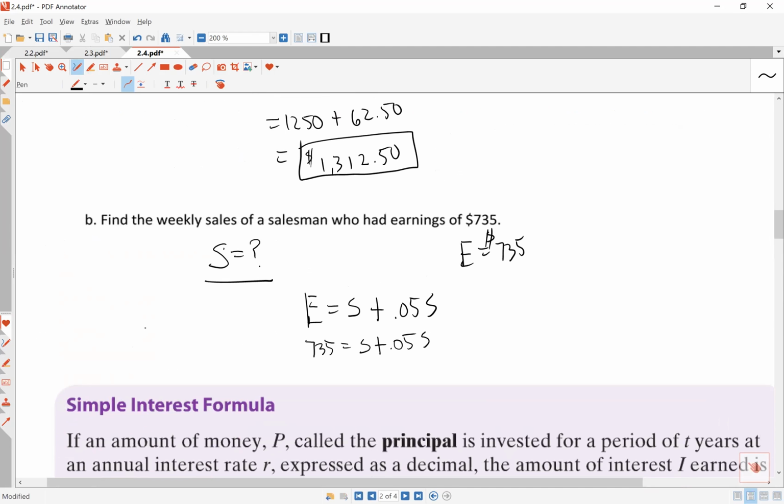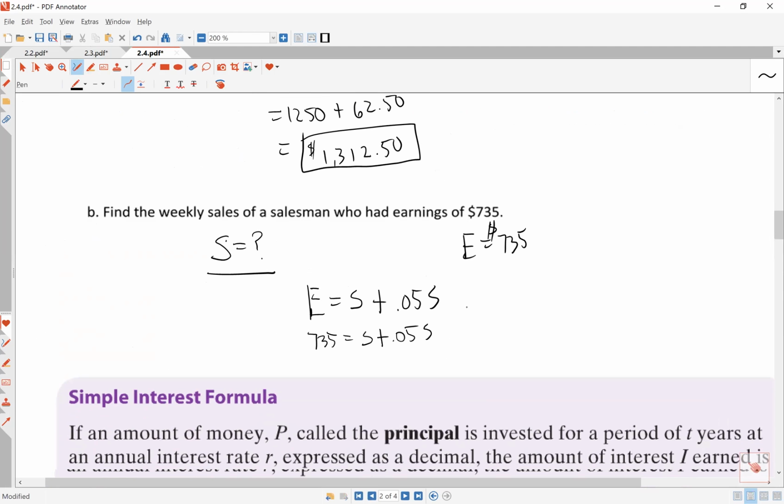And so we were just doing these. If I've got two decimal spaces, multiply both sides by 100. 100 times 735 equals 100 times S plus 100 times 0.05S.